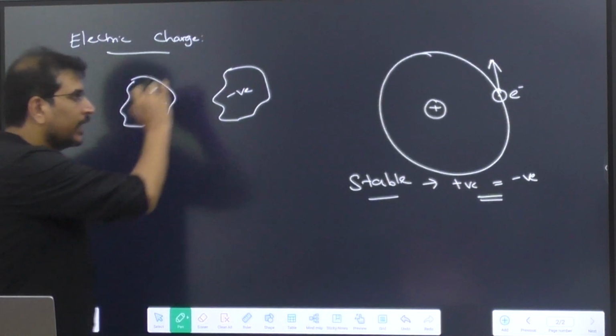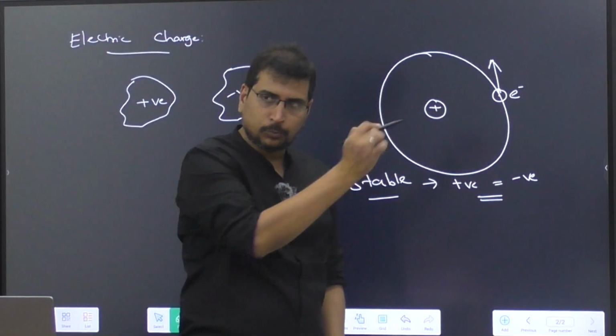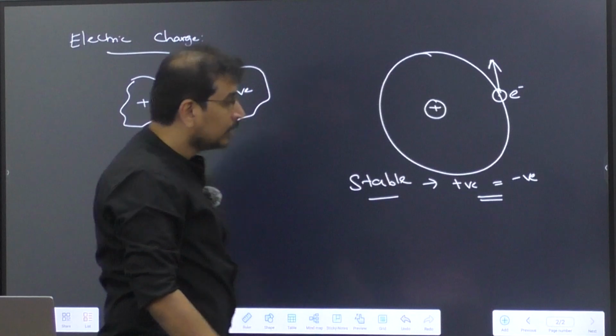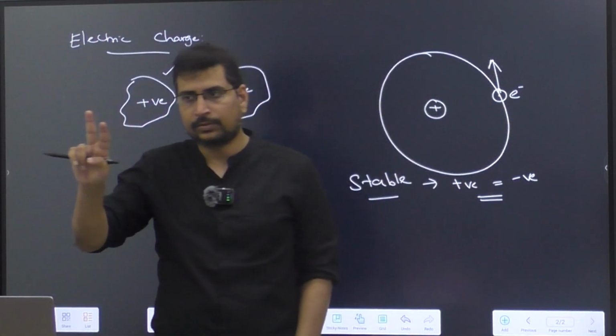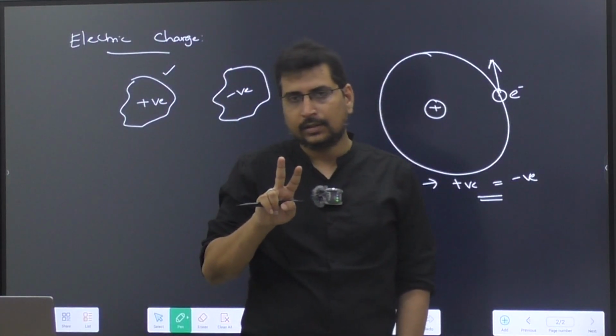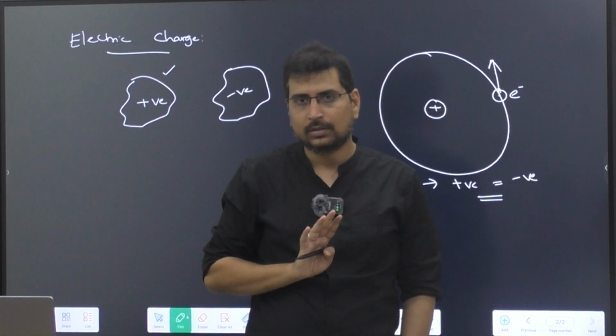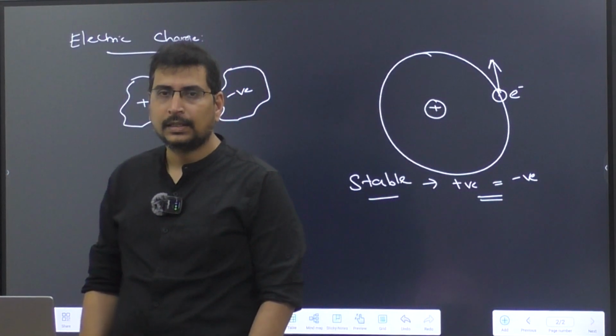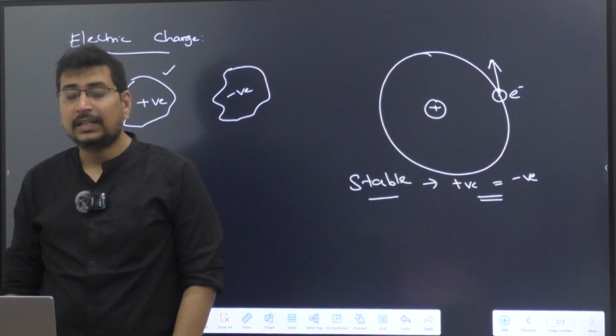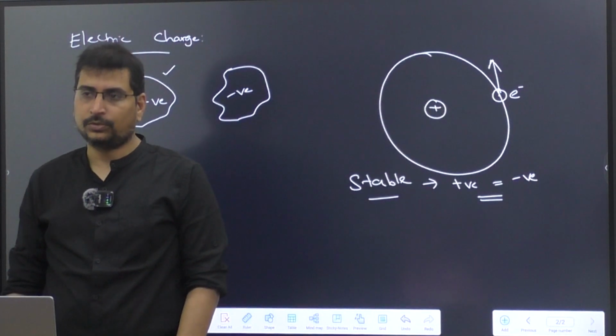Now, coming back to the concept of atom, I have positive and negative charge. So, if I want to make a material positively charged, I'll give you two options. I can either increase the number of protons, or I can decrease the number of electrons.